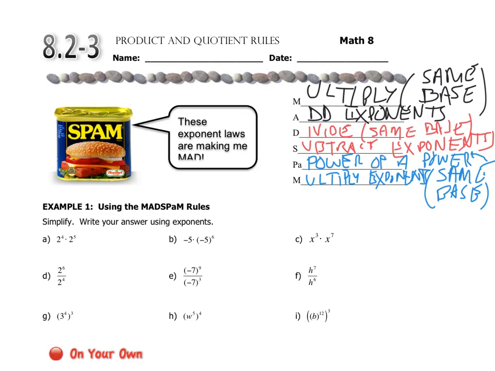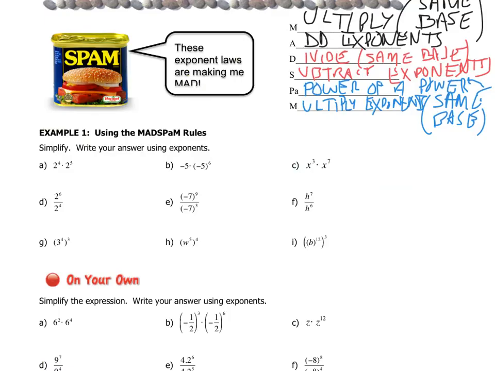So let's take a few examples and see what they look like. For this first one, 2 to the 4th times 2 to the 5th, I'm going to draw it all the way out for you. 2 to the 4th is 2 times 2 times 2 times 2. There are 4 2's being multiplied together. Then 2 to the 5th is another 2 times 2 times 2 times 2 times 2.